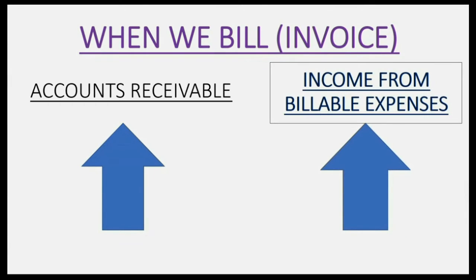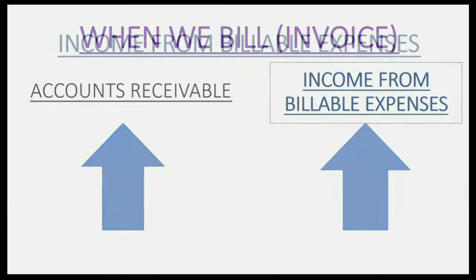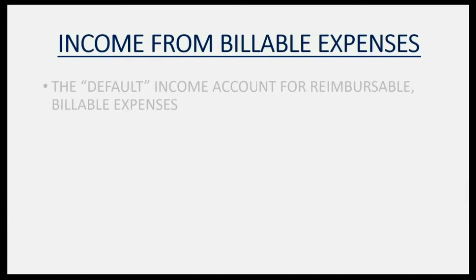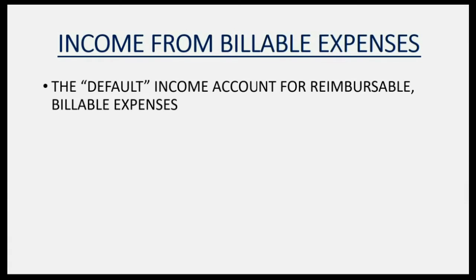So recording the invoice will only increase this new income account that comes with QuickBooks Online, income from billable expenses, and it will increase at the moment that we bill, and it will increase for the amount that we are billing.